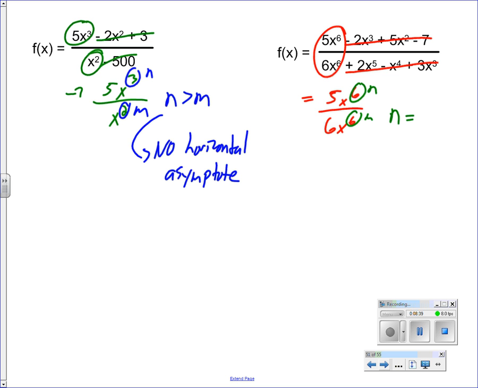So n is equal to m. And in this case, we define a horizontal asymptote using the leading coefficients. So we have a horizontal asymptote at y equals 5 over 6.